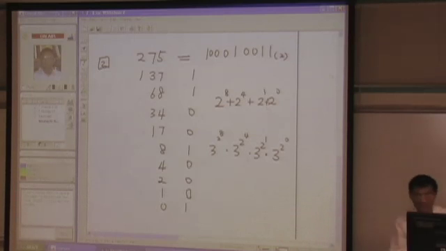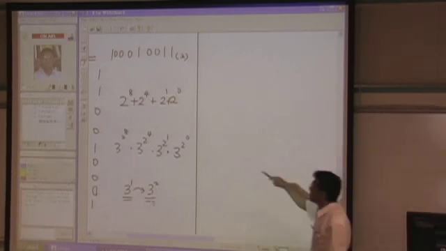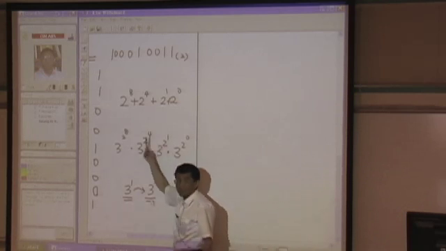So what does this mean? All we need to do is calculating, I will write it here, 3 to the power of 1, right? And then 3 to the power of 2. But we cannot directly jump to 3 to the power of 4, right? We cannot directly jump.